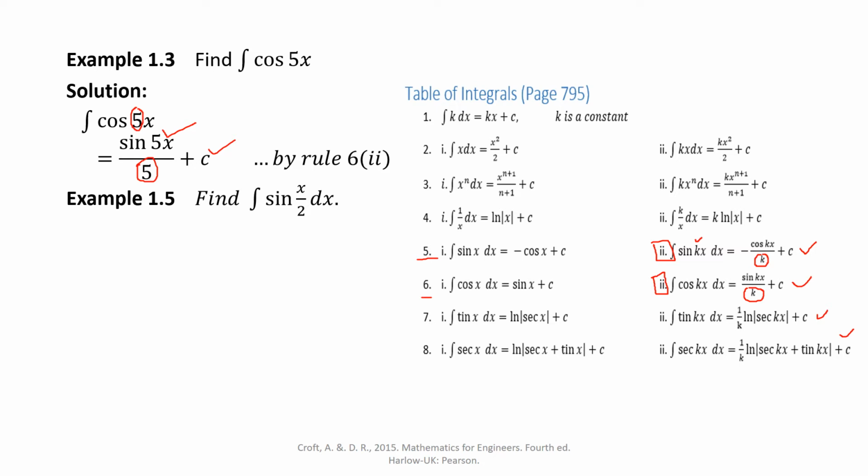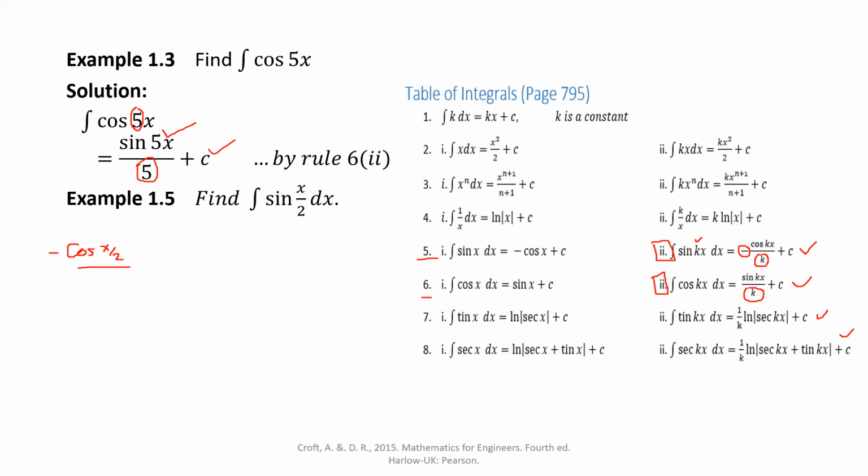So first of all, minus is in the product, minus will appear, then cos of x by 2, and divided by k.